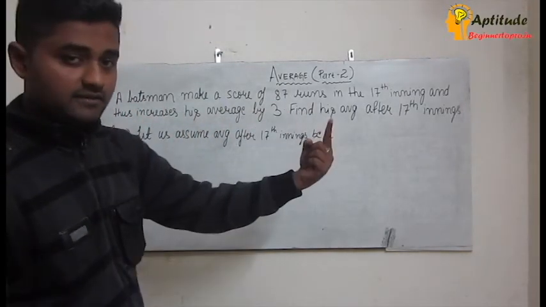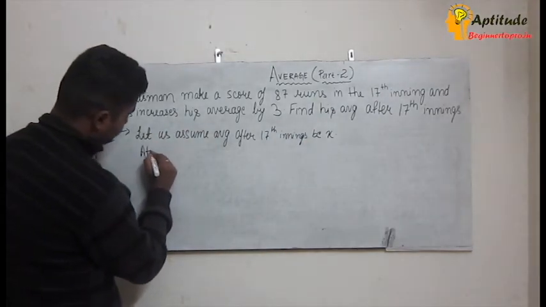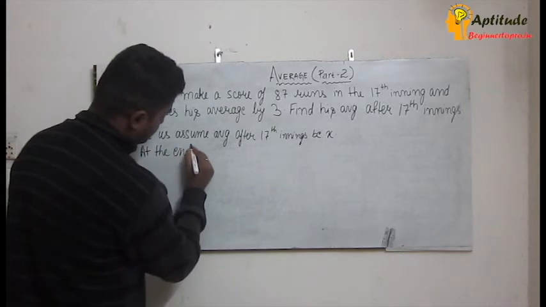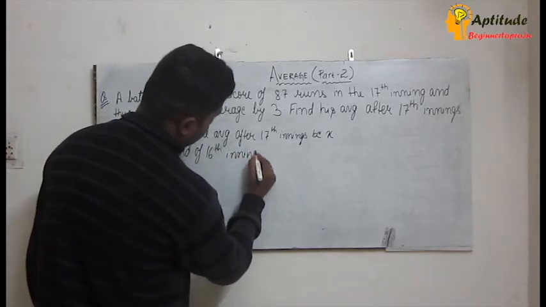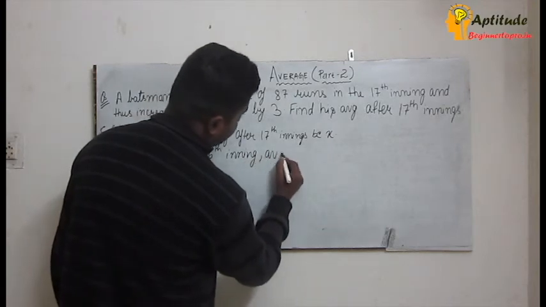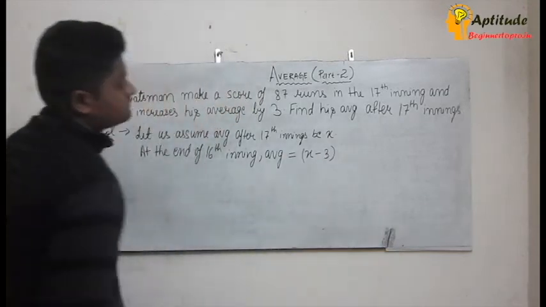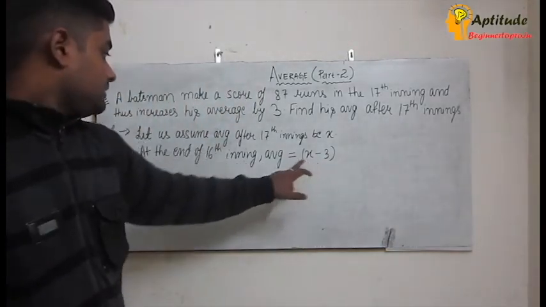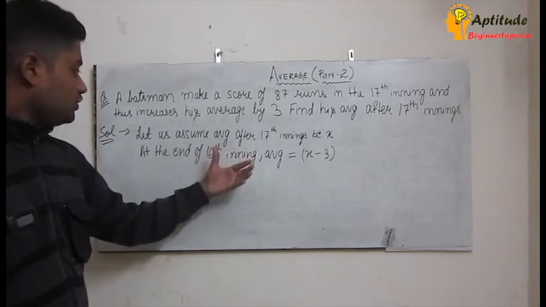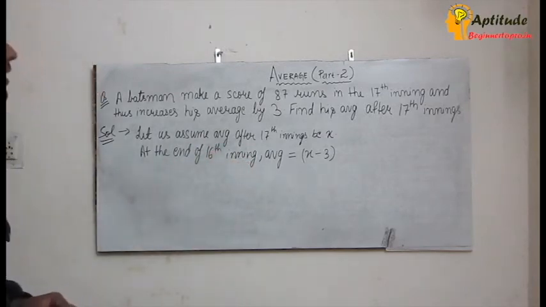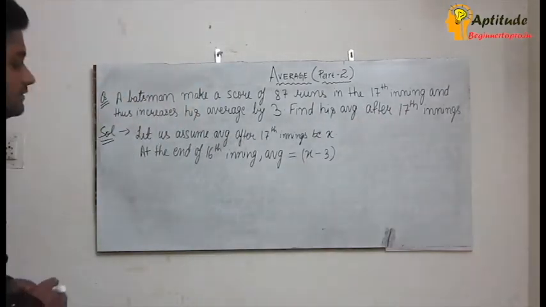So at the end of the 16th inning, the average will be x minus 3. Okay, this is the average after the 16th inning. Now what we need to find is the average after the 17th inning.